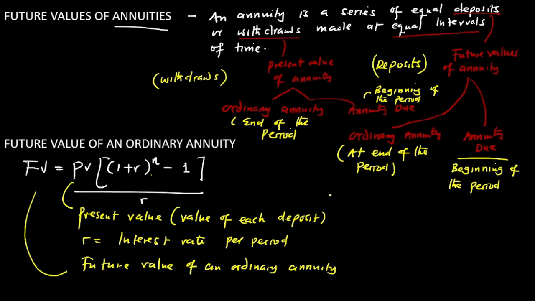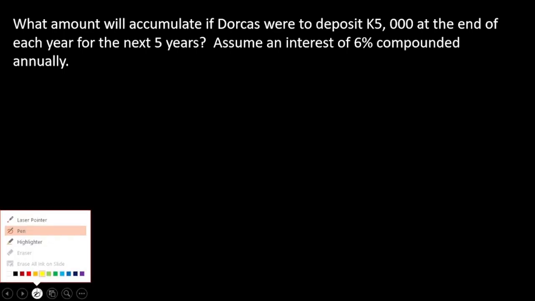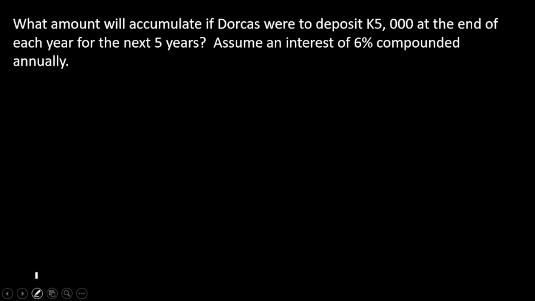So we can look at an example. The question reads, what amount will accumulate if Dorcas were to deposit 5,000 at the end of each year for the next 5 years, assuming that the rate is 6%.